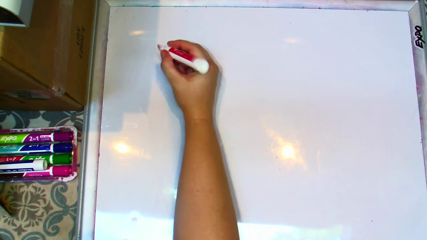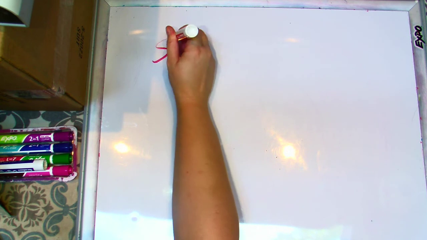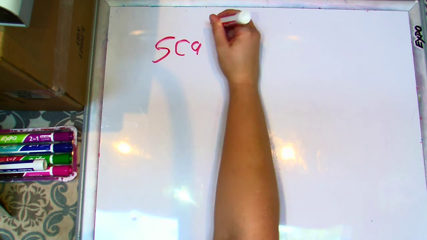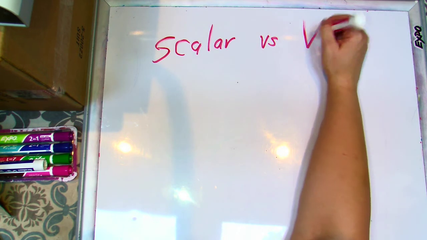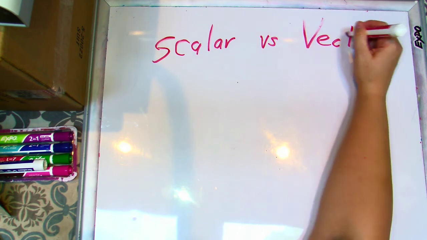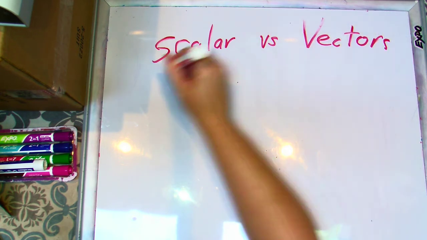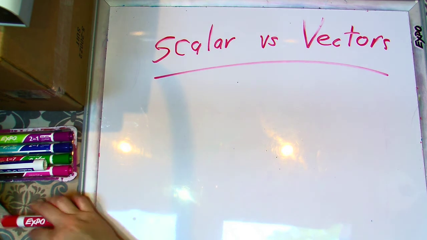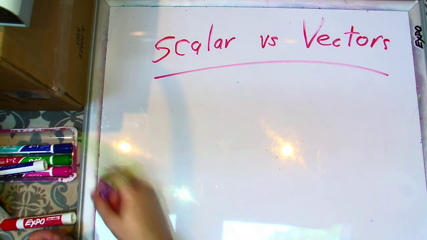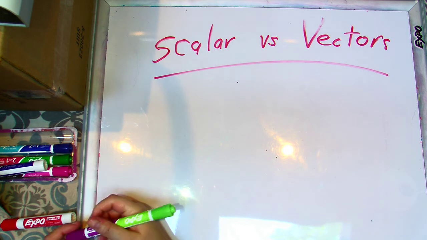So we have scalar versus vectors. Now these are 2 very important terms when we talk about motion. They do mean slightly different things.